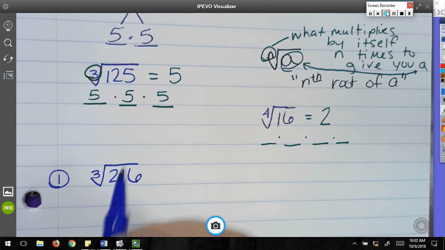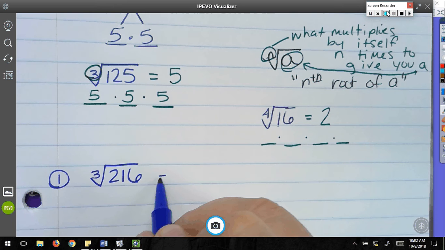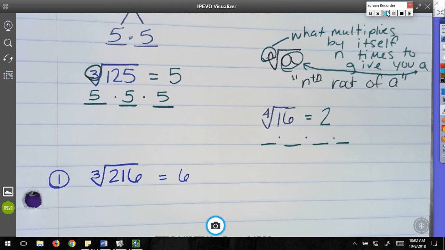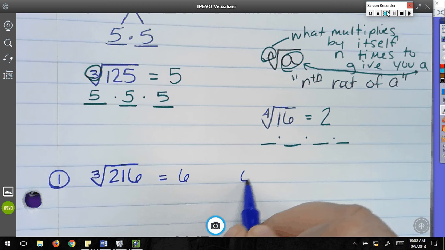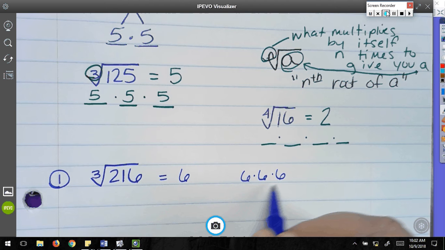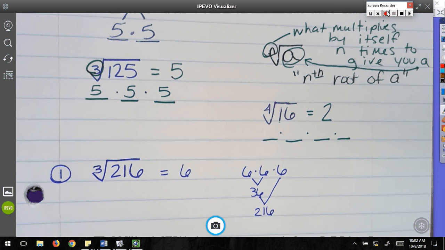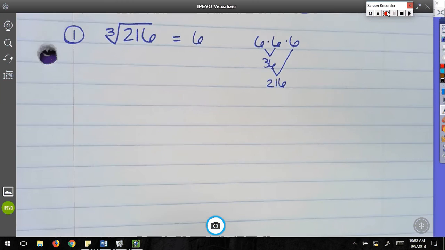I hope you figured out that the third root of 216 is actually 6. That 6 times 6 is 36, and then times another 6 would give you 216.